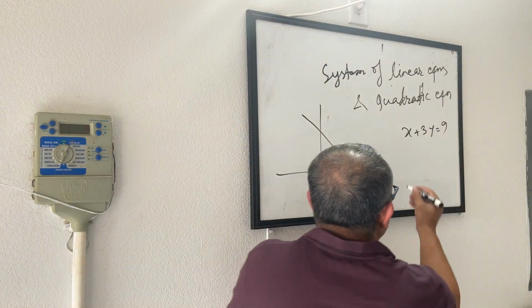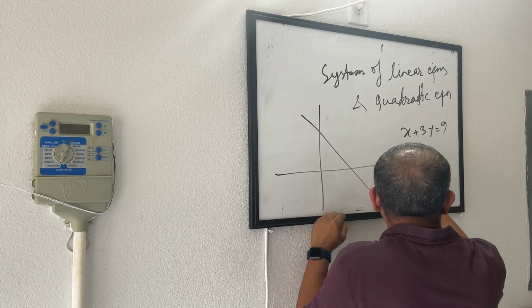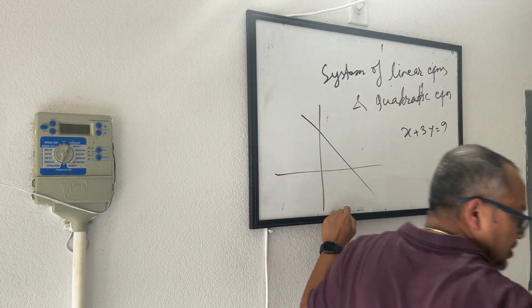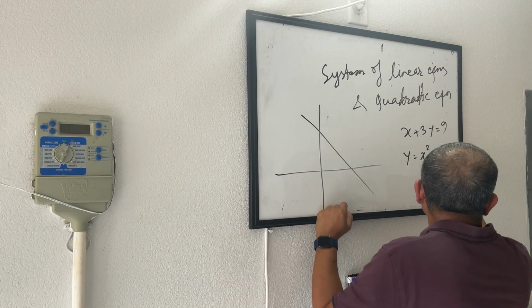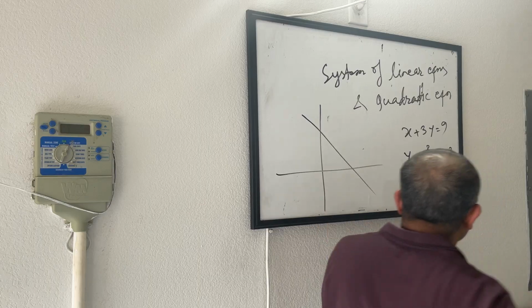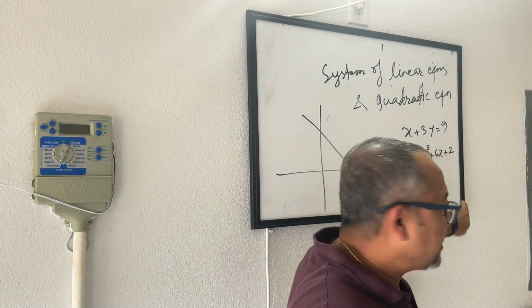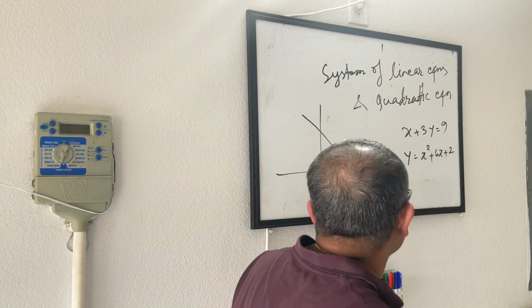Now I have a quadratic equation, let's say y equals x square plus 6x plus 2 or minus whatever. When I plot it, we see that it's a quadratic equation. A quadratic equation doesn't draw a straight line, it always draws a parabola.